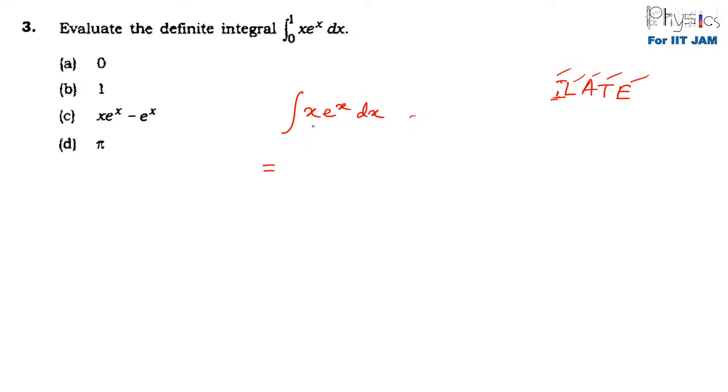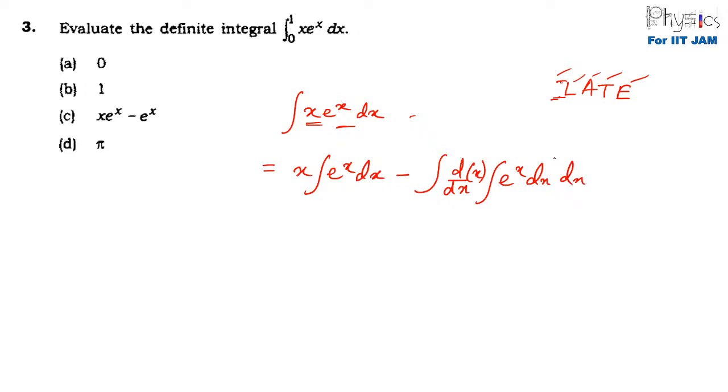So we have to take this x out first and integrate e to the x. So x integration e to the x dx minus integration of d/dx of x times integration of e to the power x dx, right? This was the method.